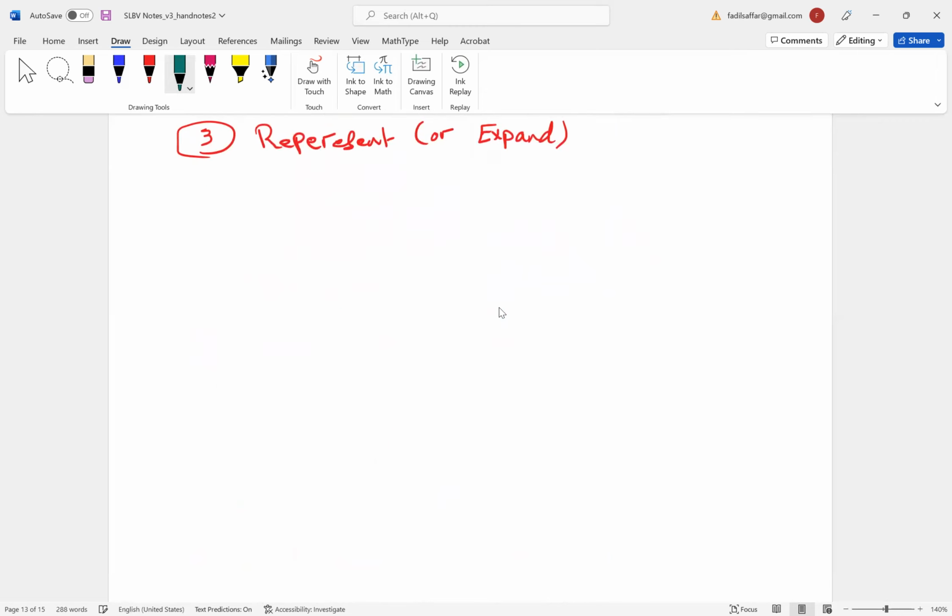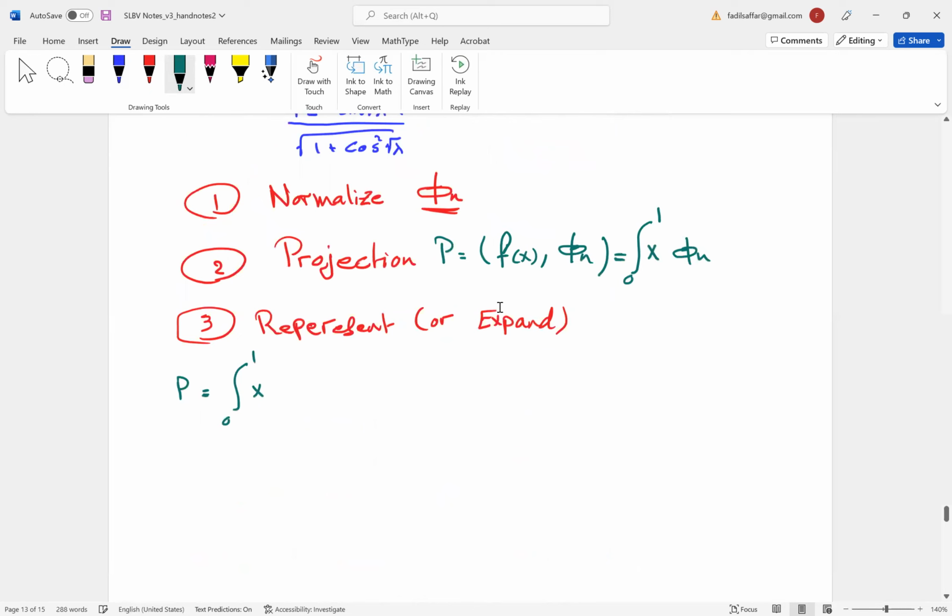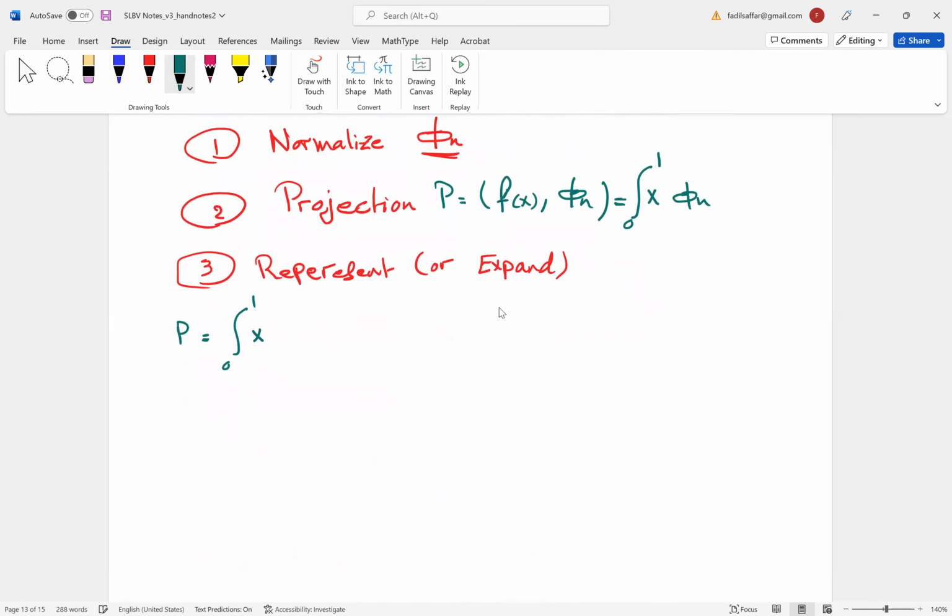And let's evaluate that. So that's p equal to the integration from 0 to 1 of x times phi n, and phi n is basically square root of 2 times sine square root of lambda x divided by square root of 1 plus cosine square root of lambda.